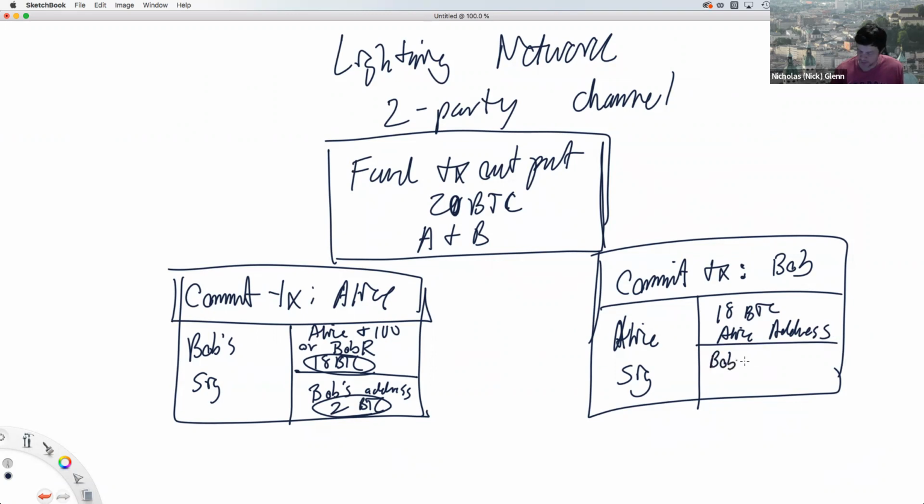One, if Bob signs it and 100 blocks pass after this is added and nothing happens, then Bob gets his 2 Bitcoin. But the other potentiality is they agreed not to do this, and Bob tries to spend it anyway. They said, hey, we're not going to spend this, we're going to do no transaction. If Alice catches it, she can use this revoke key, block it, and then claim these 2 Bitcoin.